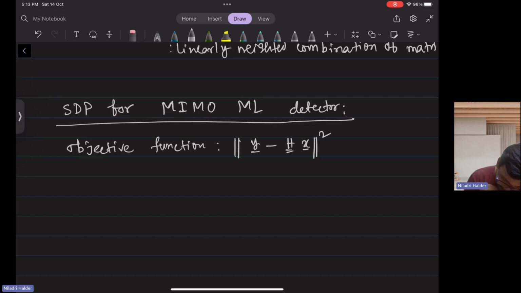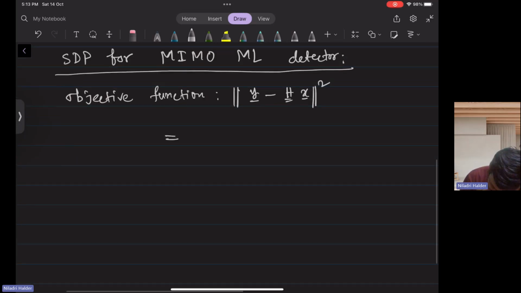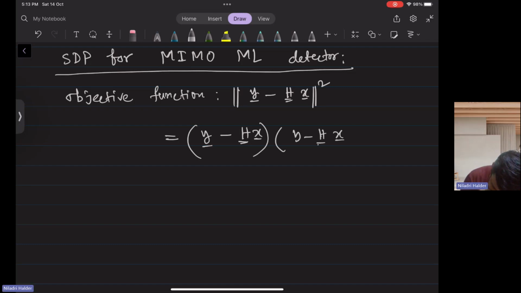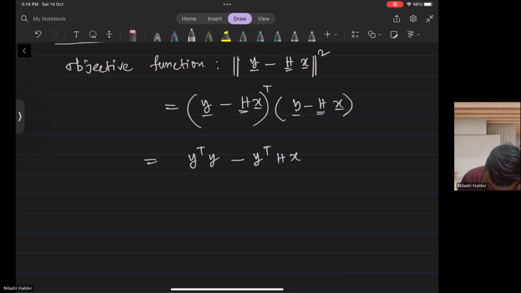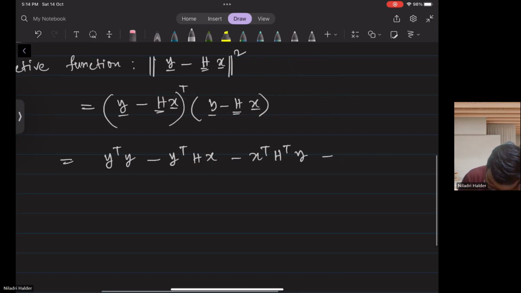That is the same as (y minus Hx) transpose (y minus Hx), which is equal to y transpose y minus y transpose Hx minus x transpose H transpose y plus x transpose H transpose Hx.